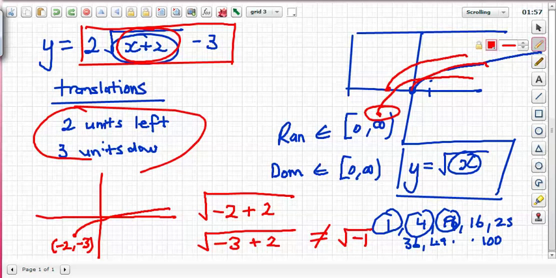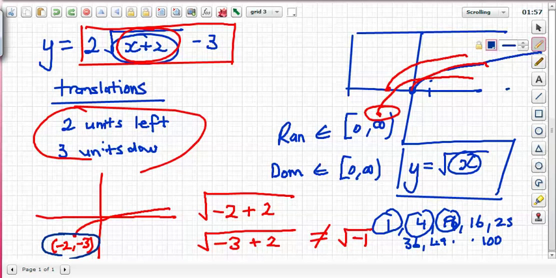This is the one thing that we're doing when we're doing the square roots, and this is an important point. Now of course we've got to find the x-intercepts and then the y-intercepts. Are there any asymptotes? Well, there's not an asymptote as such.